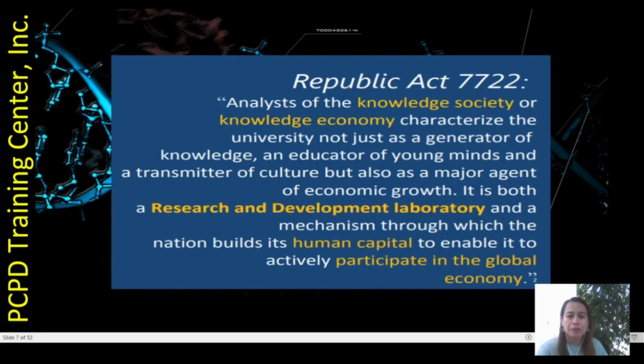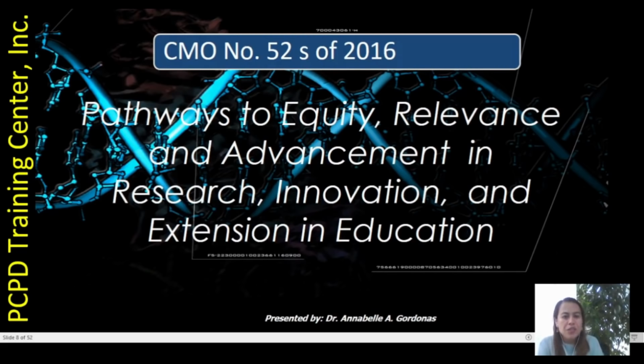Okay, why? The CMO, or the Commission CMO number 52 series of 2016, has been postulating the importance of pathways to equity, relevance, and advancement in research, innovation, and extension in education. So it means to say that there should be a balance on how a teacher should go with all of the decisions that he or she is establishing nowadays.